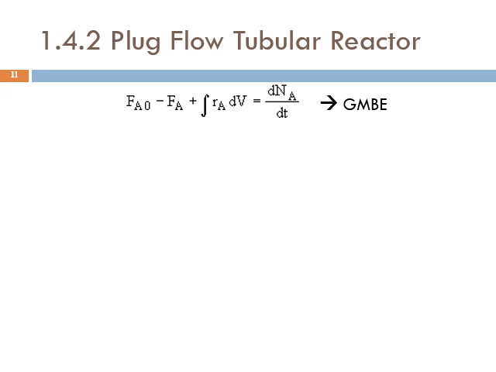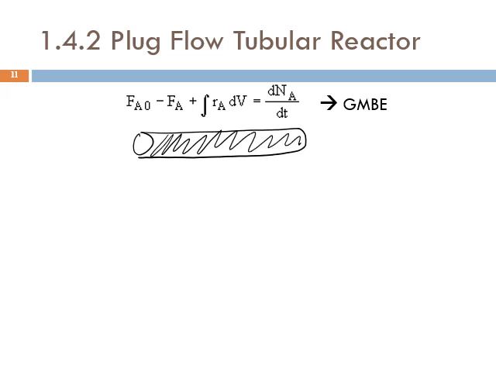So again, this is the plug flow reactor, and I apply the general mole balance equation on the whole reactor. So when I say input, it's indeed Fi naught, because this is the input now, and this is the output.